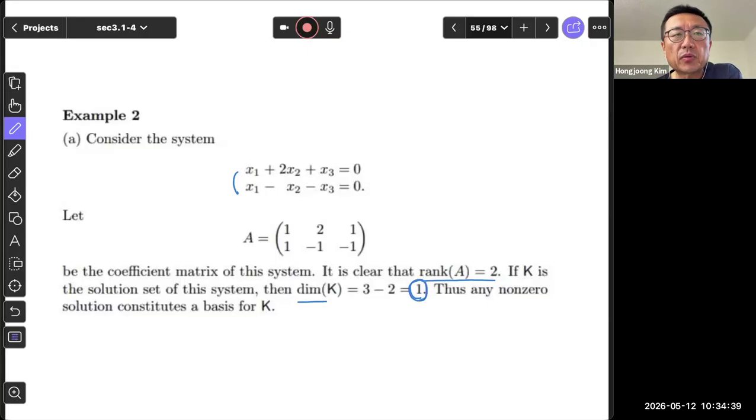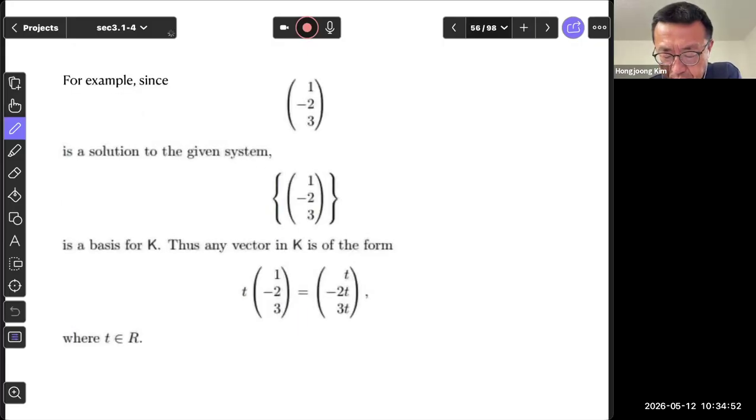So there will be some non-zero solutions, and as I said, L sub A is not one to one in this case. For instance, this vector is a solution of the previous problem. This will be a basis for K, and I know that K is one-dimensional, so I just need one non-zero vector as a basis.